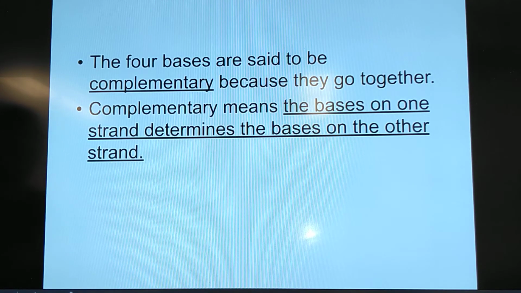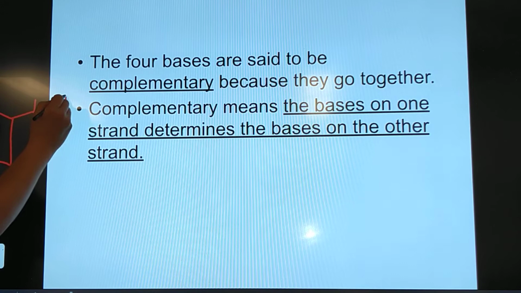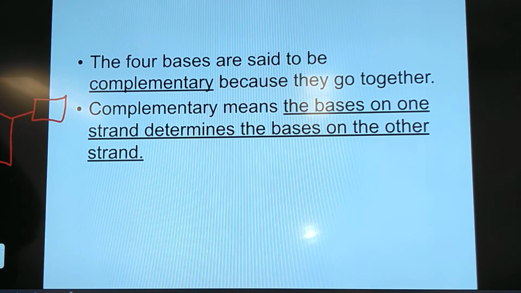Okay. And what I was saying earlier about that backbone is that we will have our sugar, and then that base that we were talking about, and then our phosphate coming up right here.